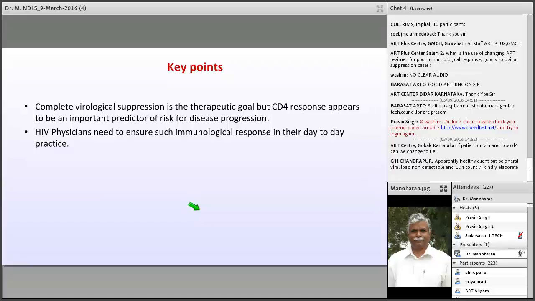Try some of the methods described in this session, but continue the same antiretroviral drugs because the viral load is undetectable. See whether the patient is on zidovudine based therapy, and whether the patient is hepatitis C positive or cytomegalovirus antigen positive. Try to rule out all these reasons so that you can take care of the immunological non-response. This is for General Hospital Chandrapur's question.